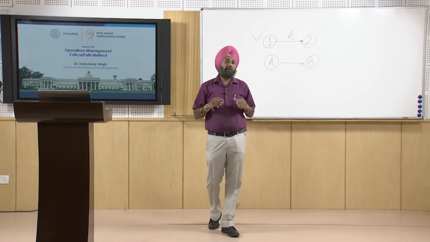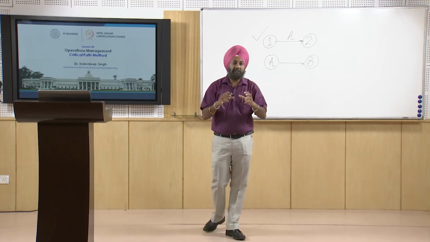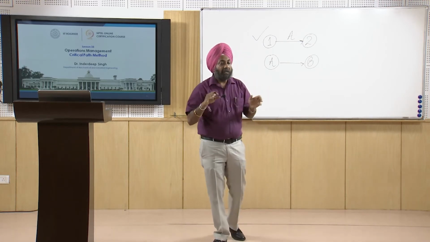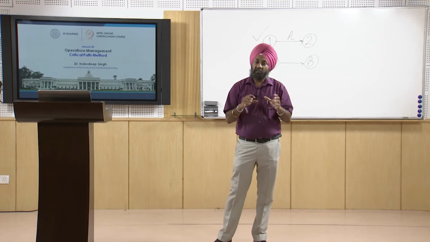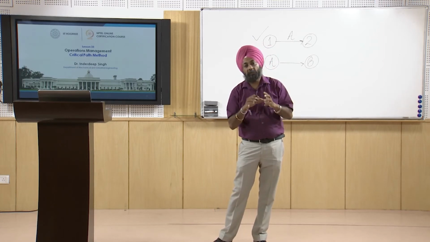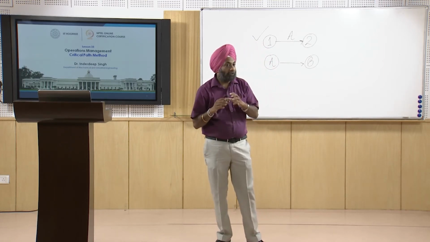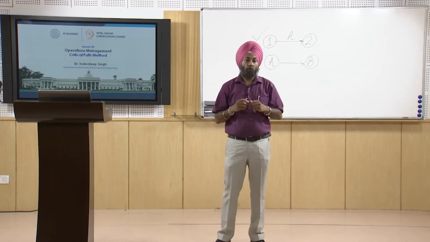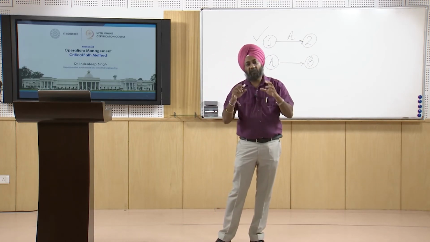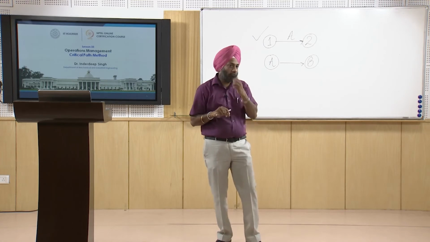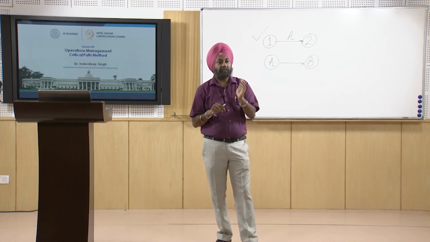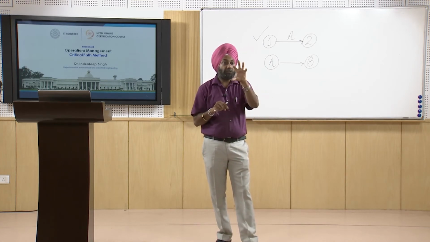That is, you can use a network in which activities are represented on the arrow, and you can also use a network in which activities are represented on the node. Today my focus will be on activity on node networks, and we will do the calculations for early start, late start, early finish and late finish for each node.